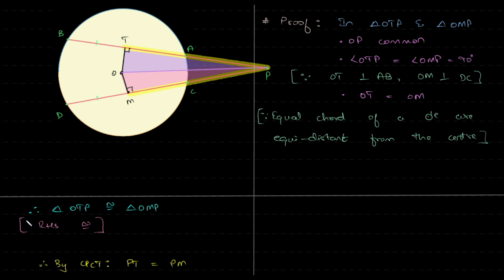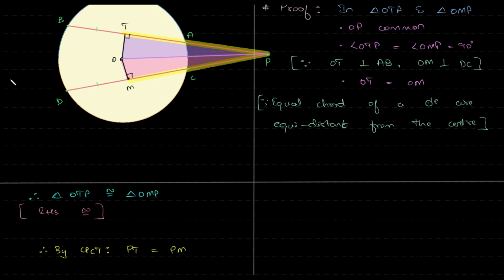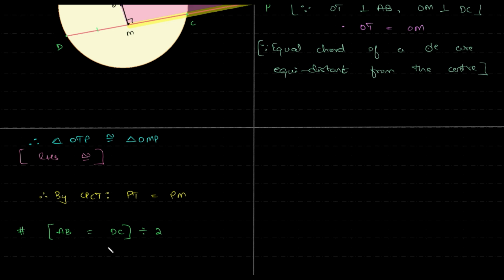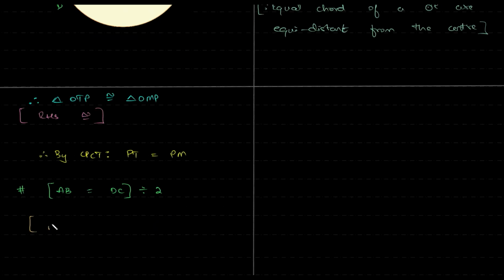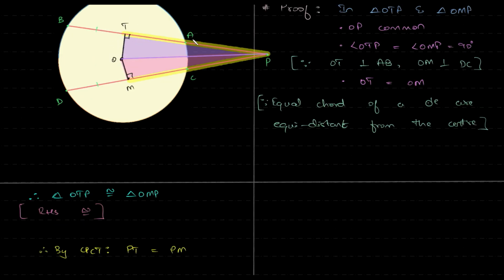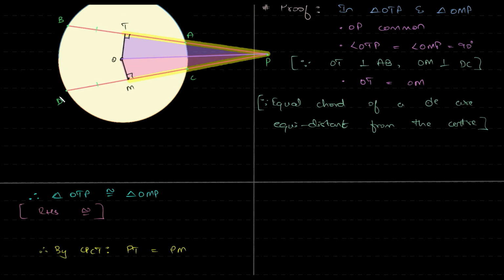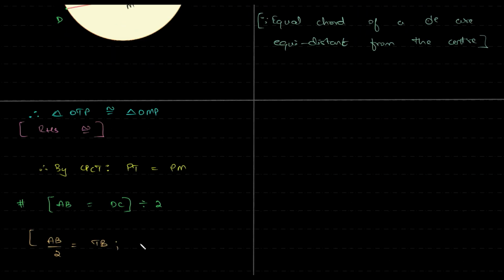How will we go about doing this? The next clue is this. I have AB, which is equal to DC. Yes, when we divide this by 2, what do we have? AB by 2 is equal to AT, and TB. And then DC by 2 is DM.